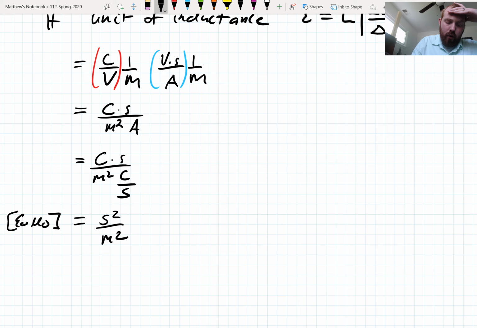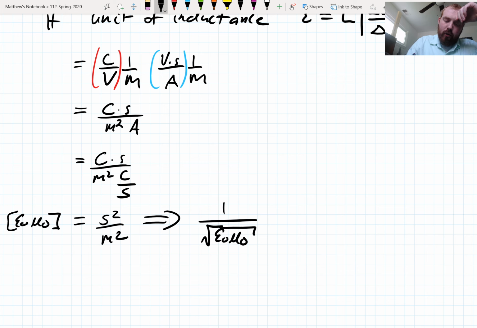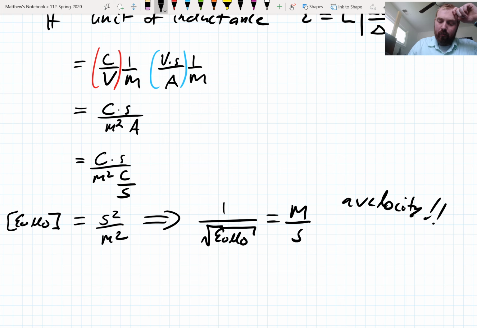So if I phrase this in a slightly different way, if I say, let's look at the square root of epsilon naught mu naught, 1 over that, well, that is units of meters per second, which is the velocity. Excellent. We've got velocity out of this epsilon naught mu naught quantity that popped out of Maxwell's equations.